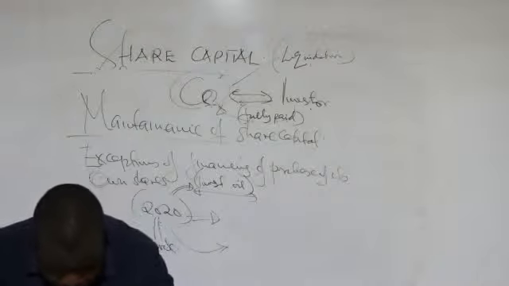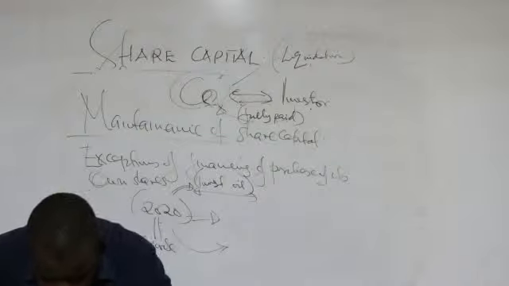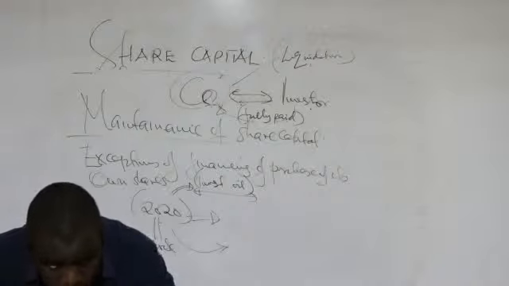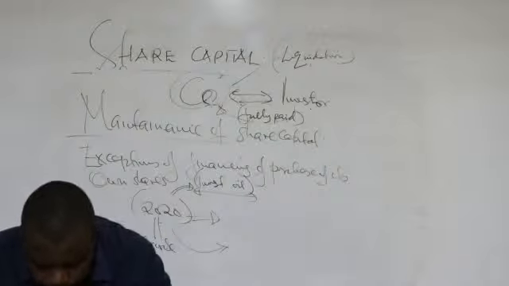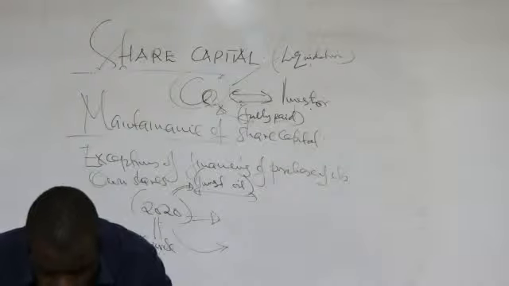So there's this one for December 2014, question 6B. It says, in Trevor versus Whitworth, a rule of 1887, it was held that a company cannot purchase its shares or be a member of itself.